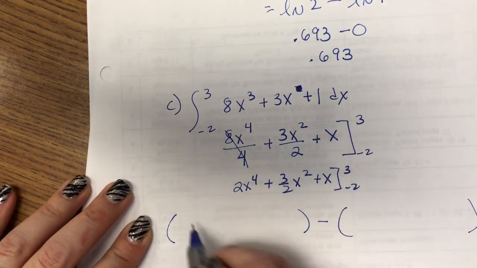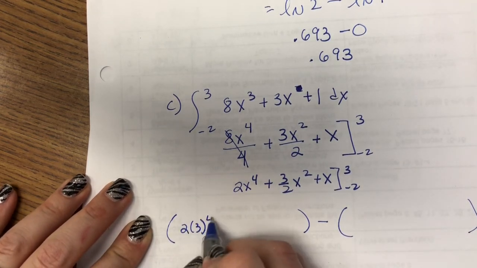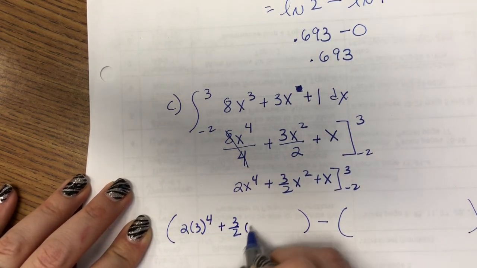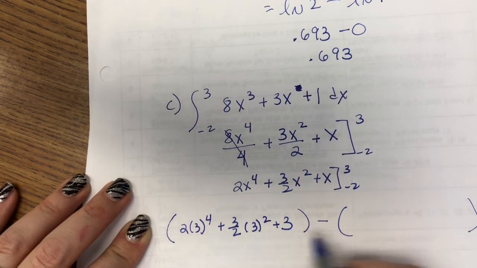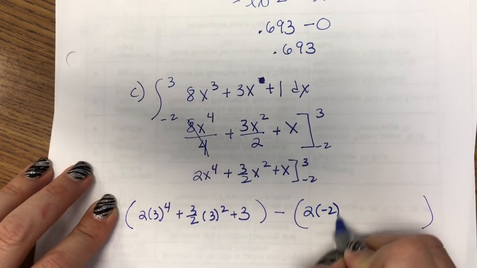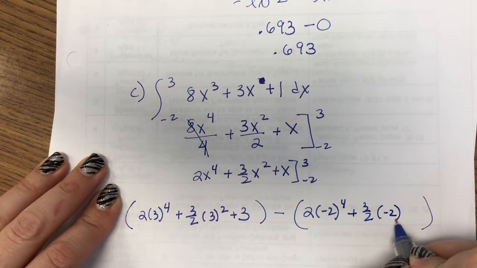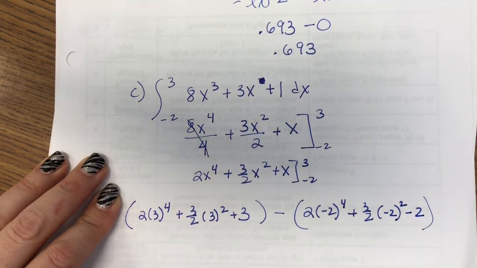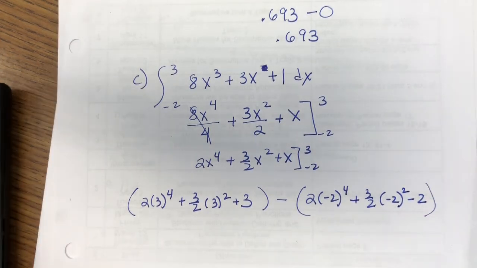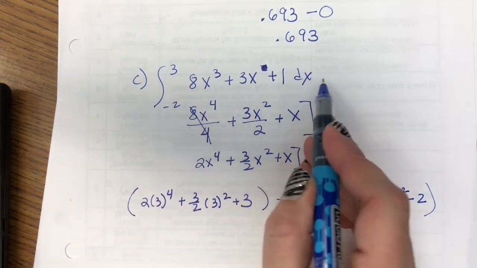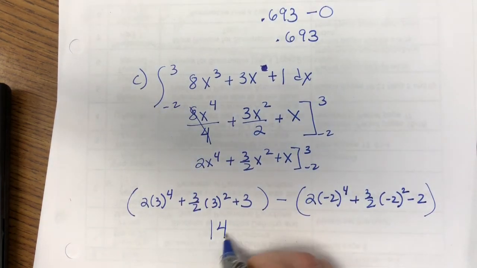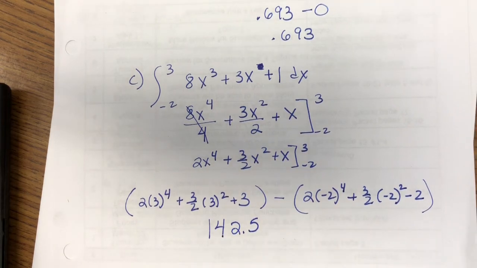We're going to substitute in 3. Substitute in -2. And then we could type all that in to get the final answer. Or you could do fnInt of the original, and you would get 142.5.